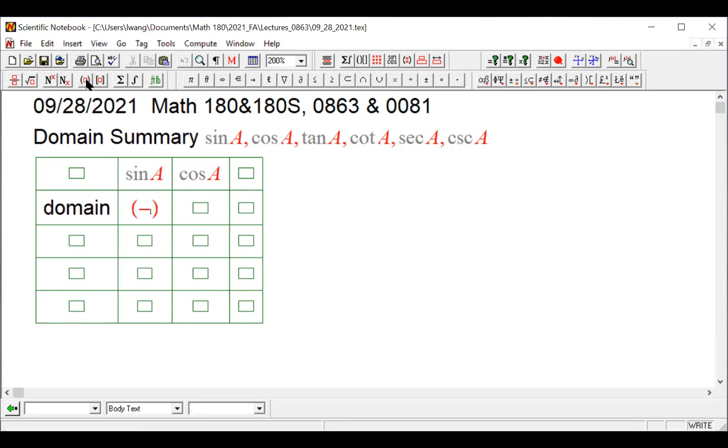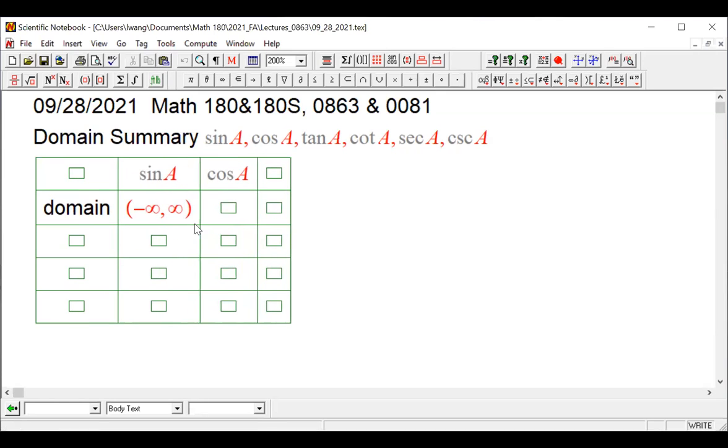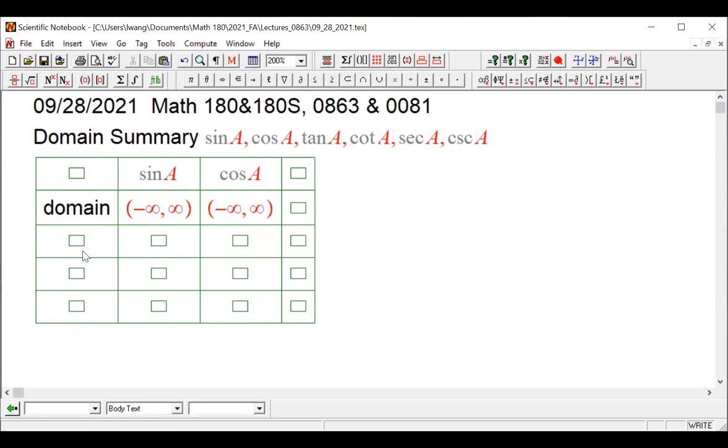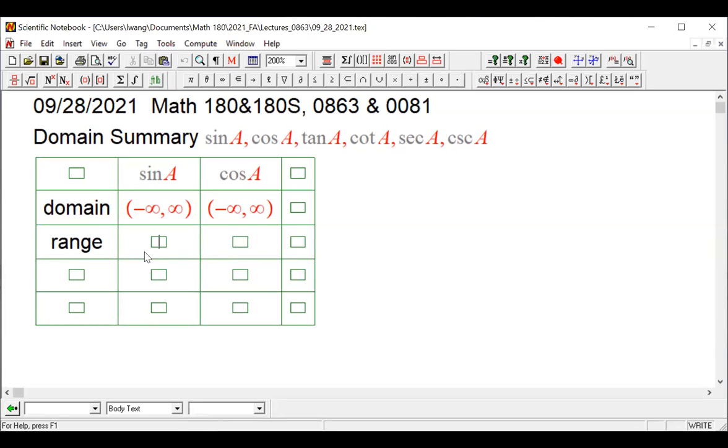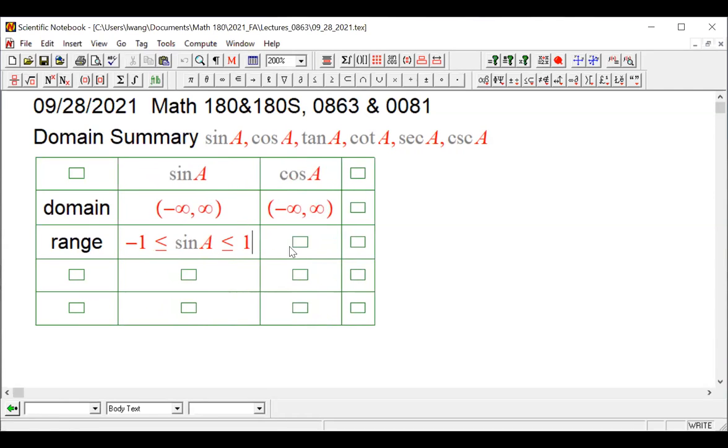All real numbers, no problem. We even know their range. What's their range? The range for sine of A is between -1 and 1. Wonderful.